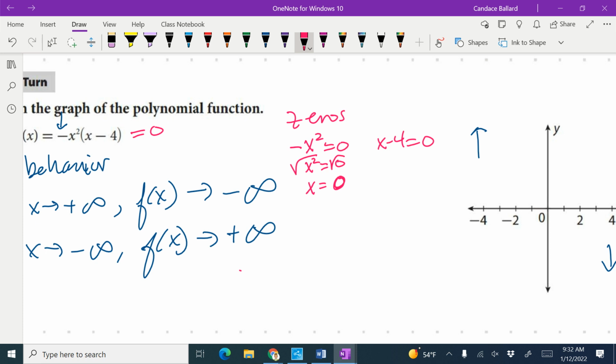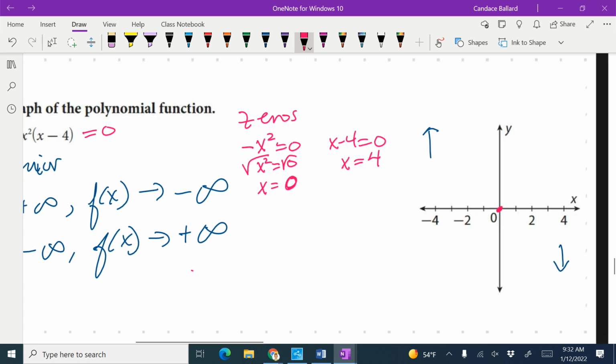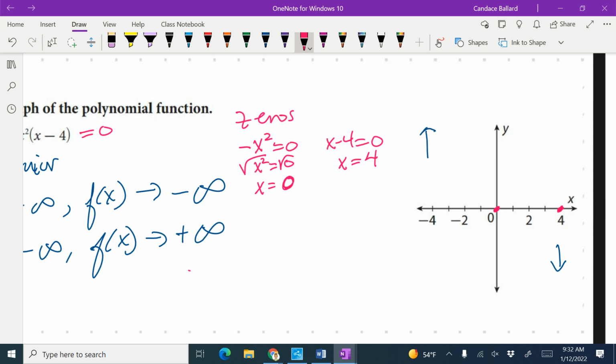All right. What about the x minus 4? How do I move that to the other side? Add it. So x equals 4. Interesting, because we were supposed to have a cubic. There should be 3 zeros, but we only have 2, because we have one at 0 and one at 4. This one here really counts as 2.